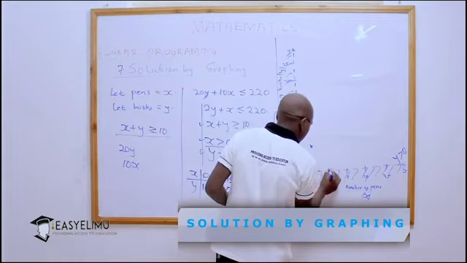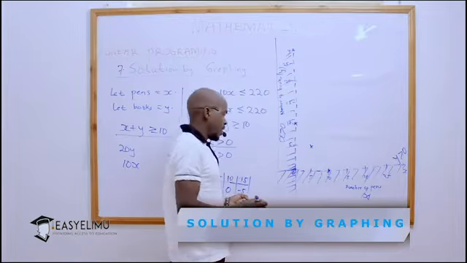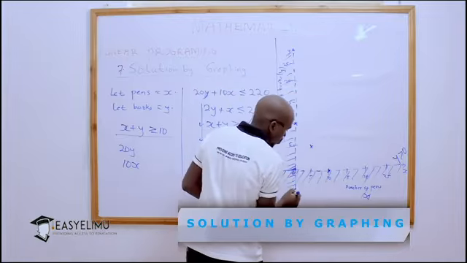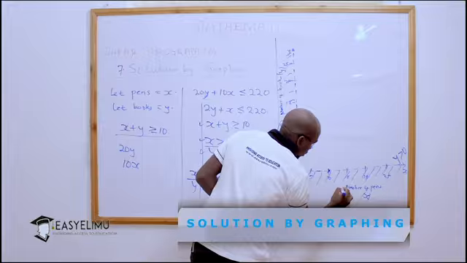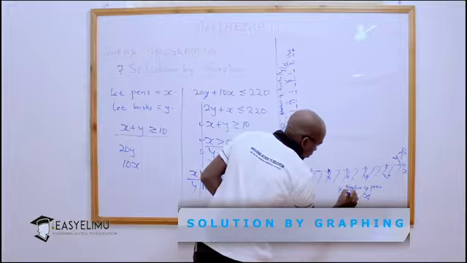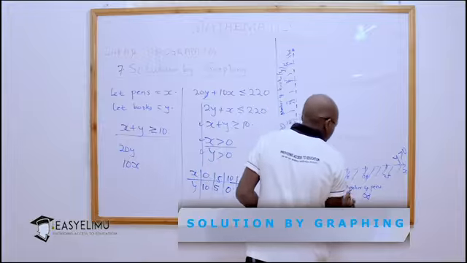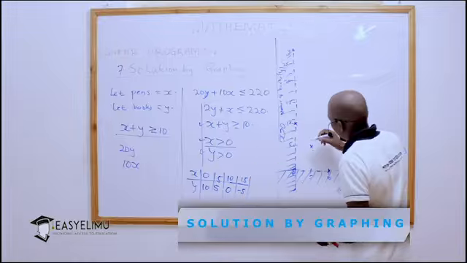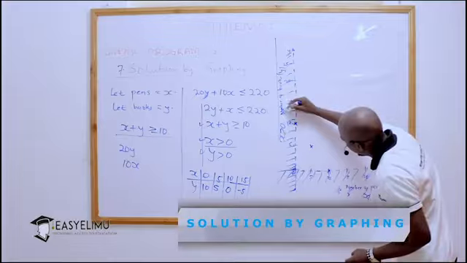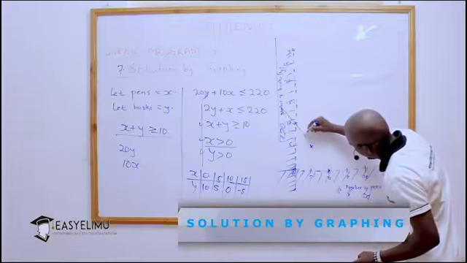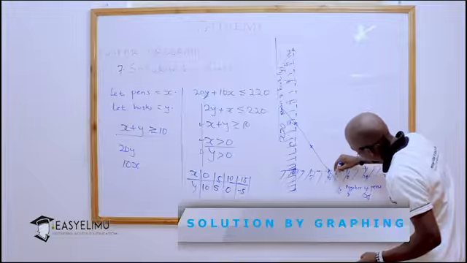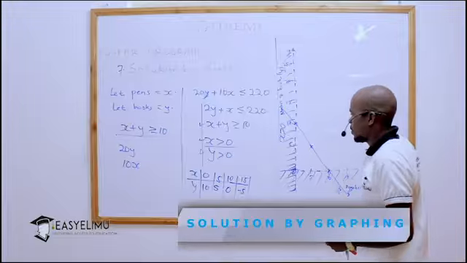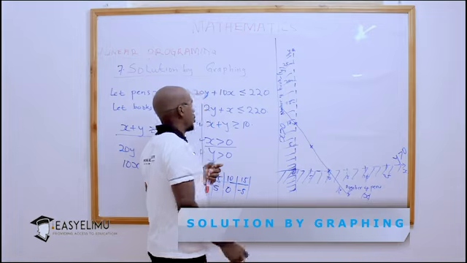If this one is 10, then y will be 0 here. And so on. If we had plotted downward, you will find it will be somewhere here. So meaning we have a straight line, a straight line passing through those points.